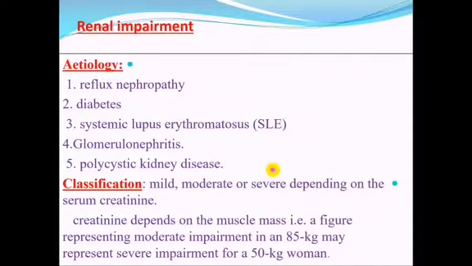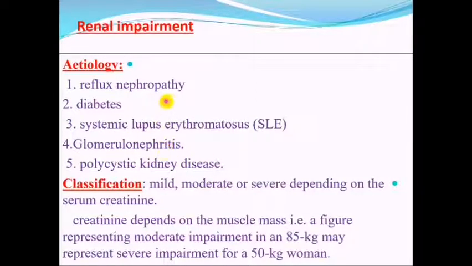Another subject that we are going to discuss is renal impairment. There are multiple causes for renal impairment, which may include reflux nephropathy, diabetes mellitus, certain diseases like systemic lupus erythematosus, glomerulonephritis, or even polycystic kidney disease.